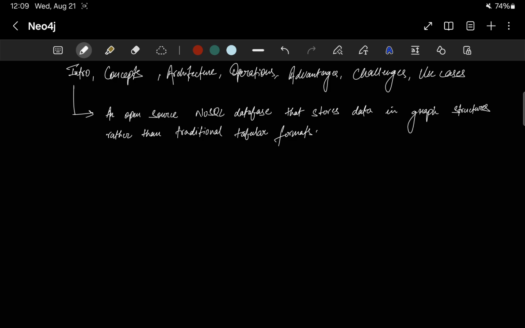So Neo4j is a highly scalable native graph database designed to leverage data relationships as first-class entities. It is optimized for complex queries and large data sets, which makes it a powerful tool for use cases involving highly connected data such as social networks, as I said about Facebook and LinkedIn, recommendation engines, as I said about Amazon, and fraud detection systems, which we will talk about later.